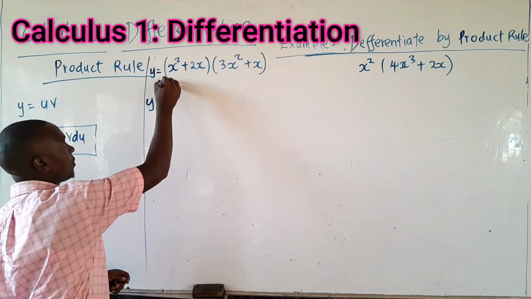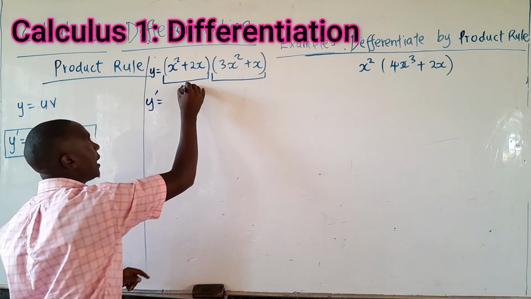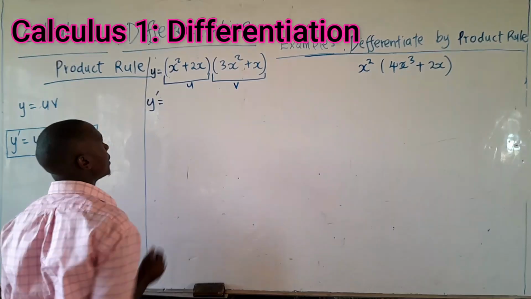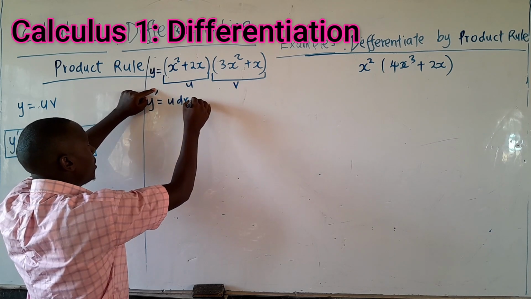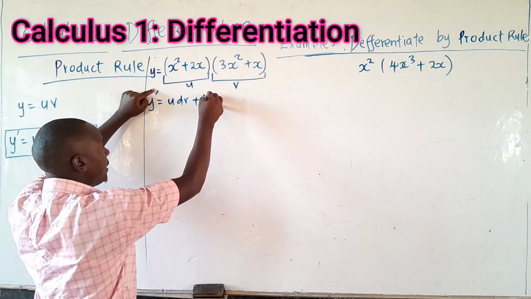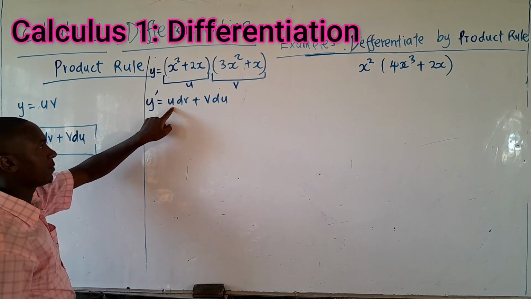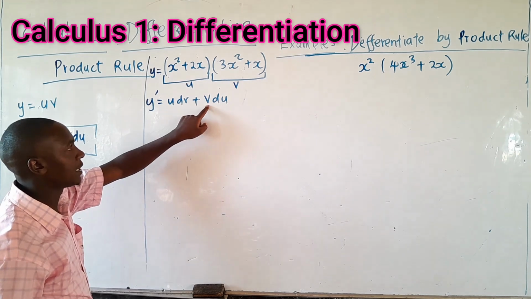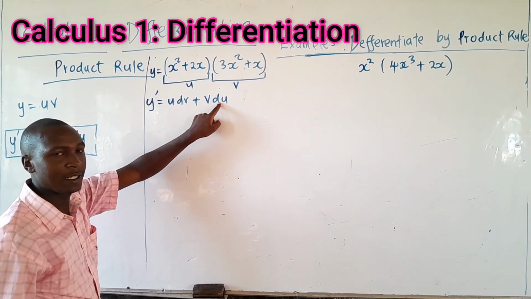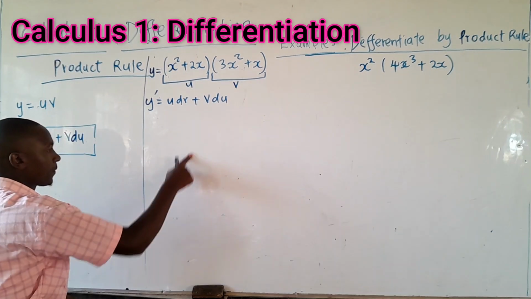For y prime, it's good if we highlight them as u and v. We know we're going to have u dv plus v du. That means the first function multiplied by the derivative of the second function, plus the second function multiplied by the derivative of the first function.